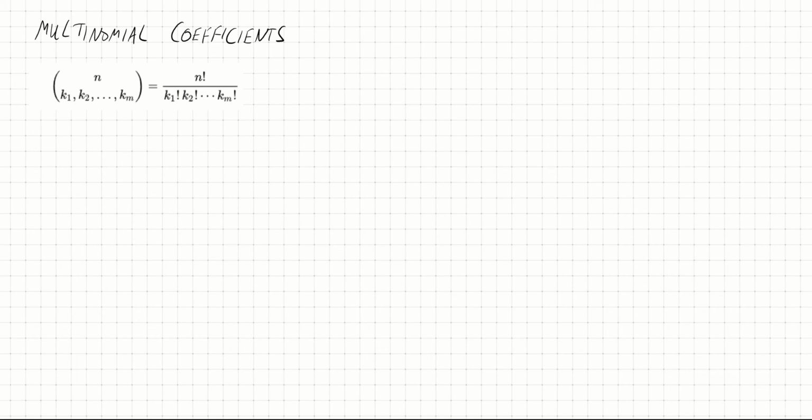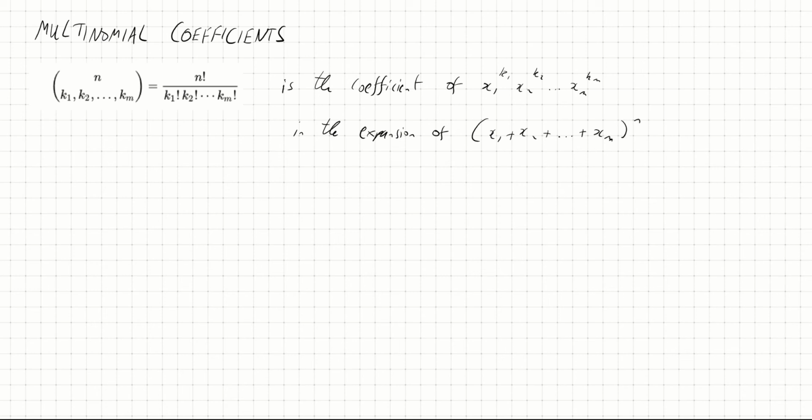The multinomial coefficient, which is this bracketed notation here, is the coefficient of x1 to the power of k1, x2 to the power of k2, up to xm to the power of km in the expansion of x1 plus x2 plus all the way up to xm, to the power of n.